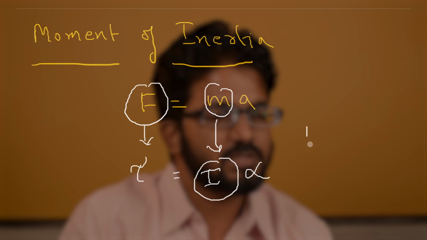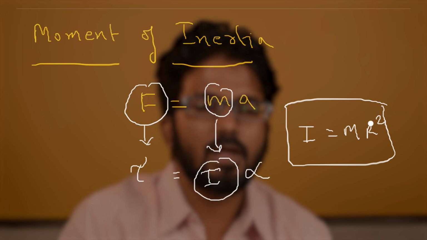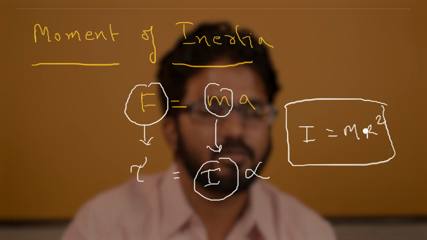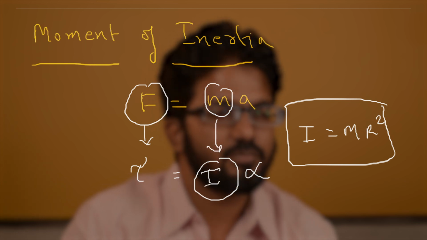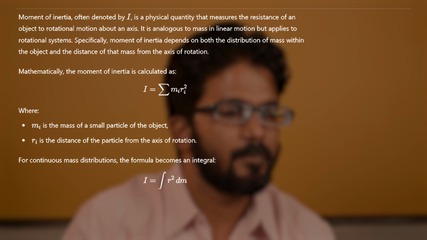Moment of inertia is nothing but the product of mass times radius squared. It depends on the body and the axis about which we are applying it.